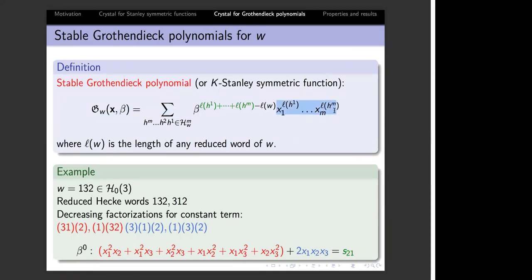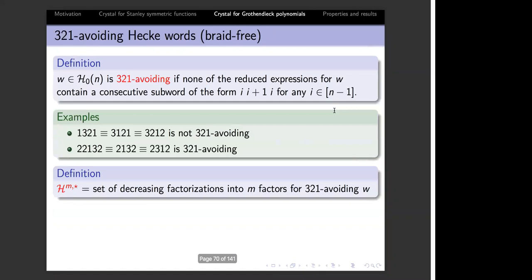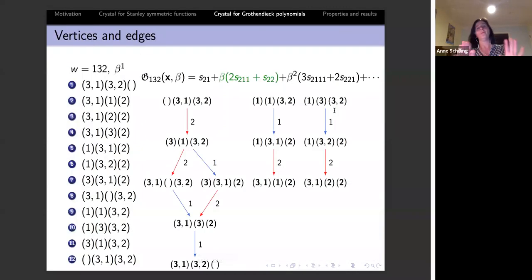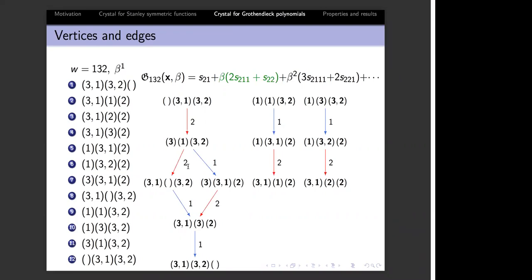Now what I'm saying is we have grouped all these factors together into this graph, and it's a consequence of the crystal theory that each connected component, so if you sum up only the monomials in this connected component, would be precisely the monomials for a Schur function.